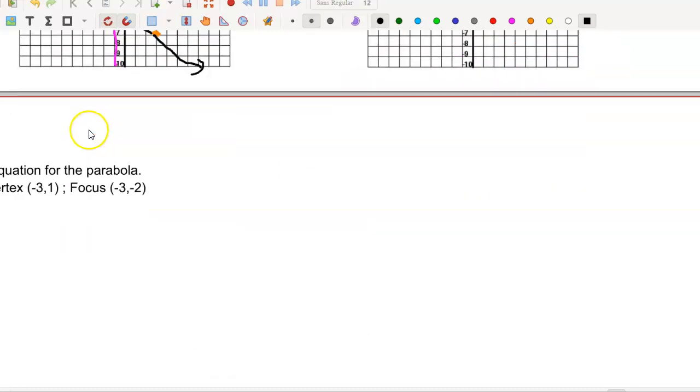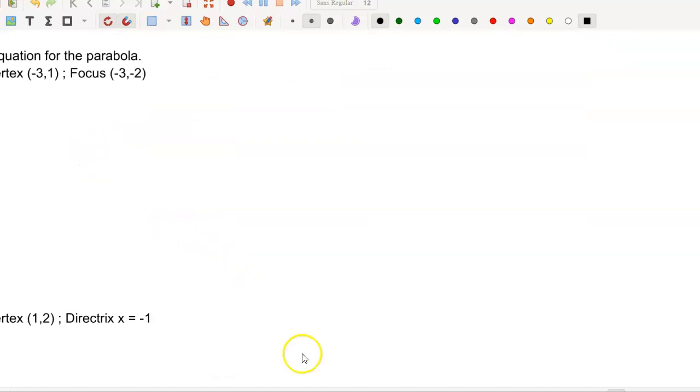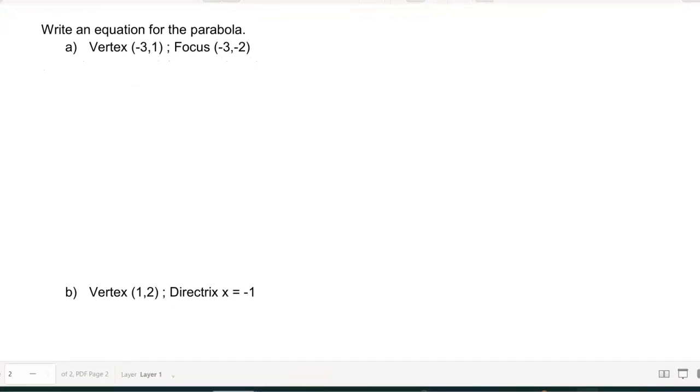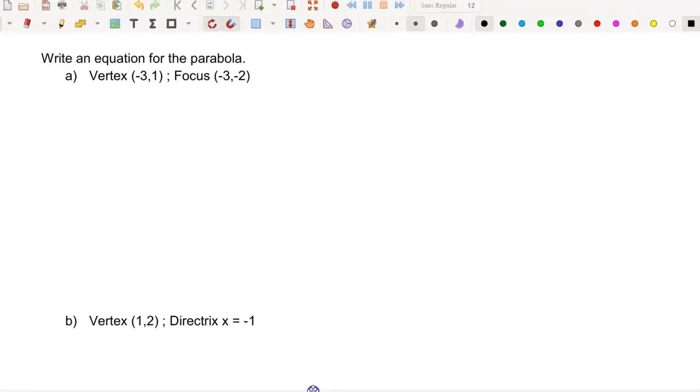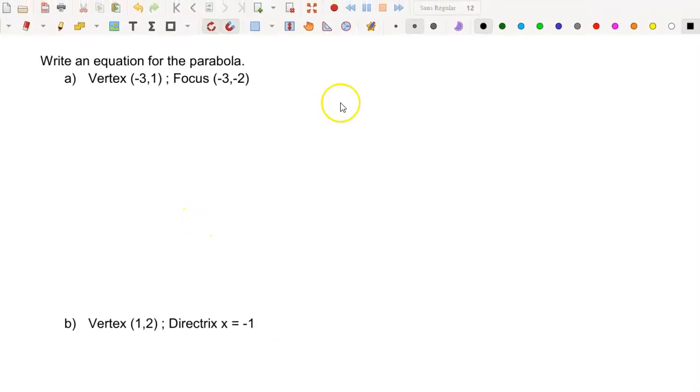Let's take a look at these where we have to come up with the equations. A good idea is to definitely sketch it out, right? Because from just this we could figure out what direction it's opening. So let's see what we got.